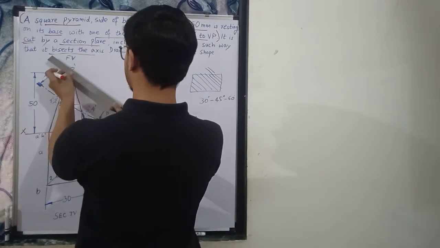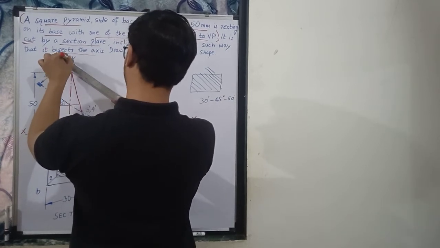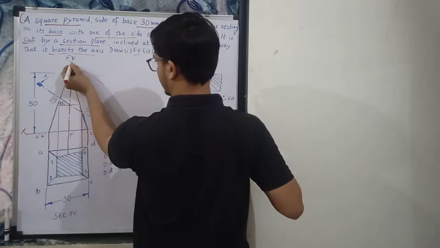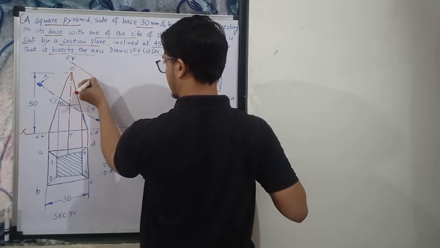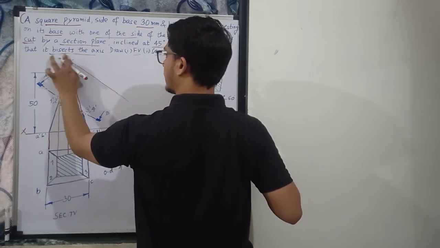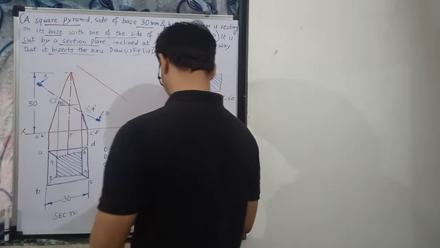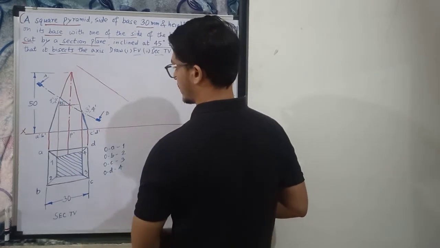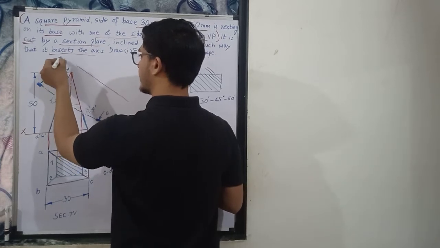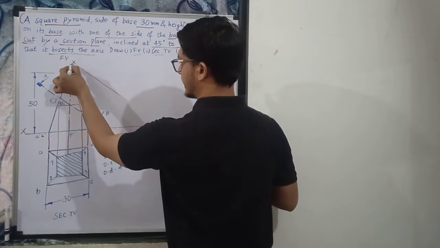So parallel to this, just after your solid is over, draw a line. Parallel to this, this was O dash and this is front view. Call it x1, y1.